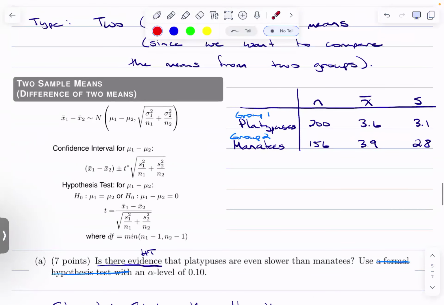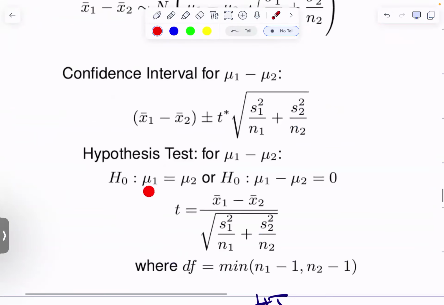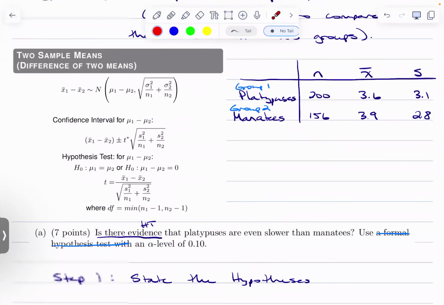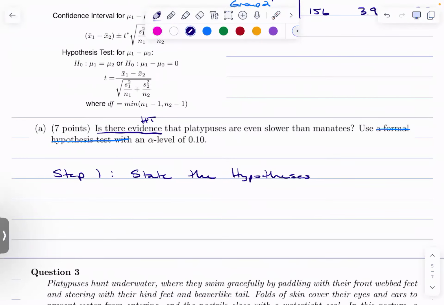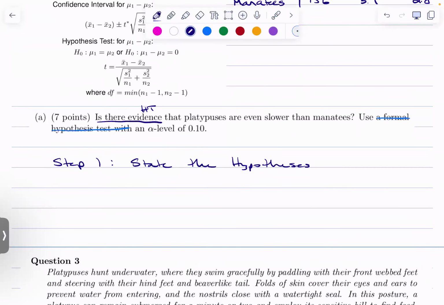On your formula sheet, you can build a confidence interval. You can do a hypothesis test. Same thing as before. With the 2 groups, you've got 2 options. Just pick whichever one you prefer, right? And so you could say mu p is equal to mu m, or mu p minus mu m is equal to 0. Right? Those are equivalent statements. But you do have to use question-specific subscripts in your hypotheses.